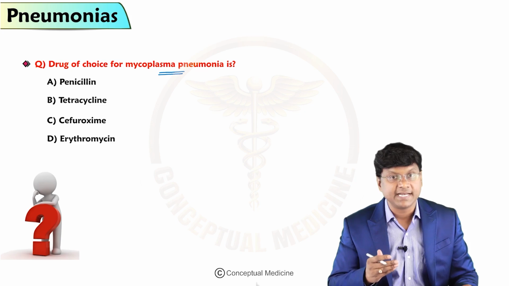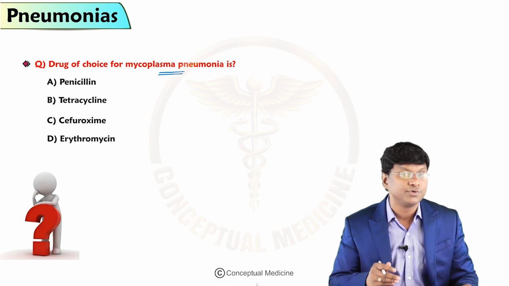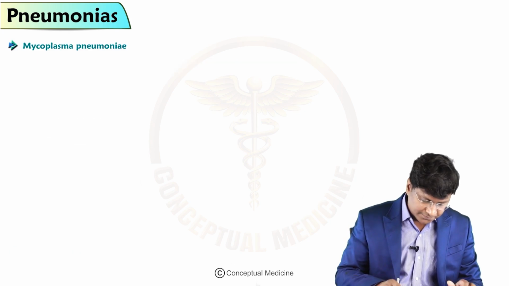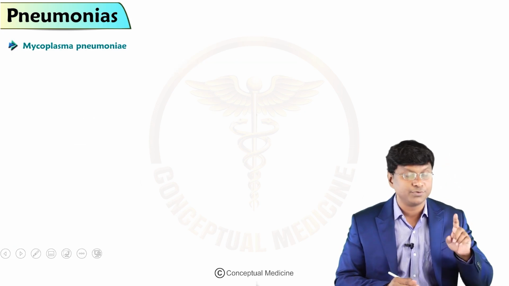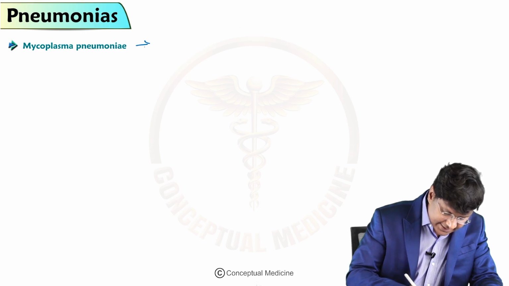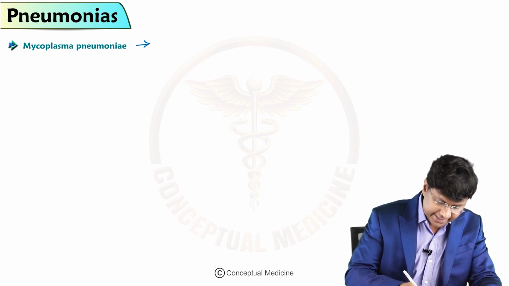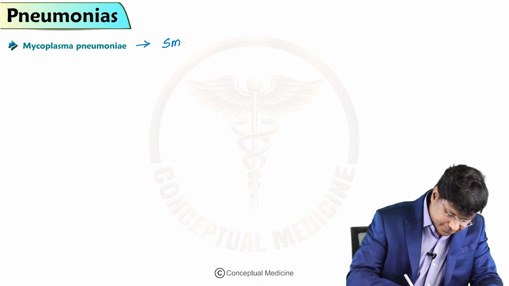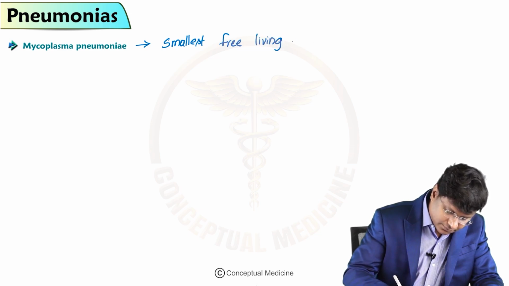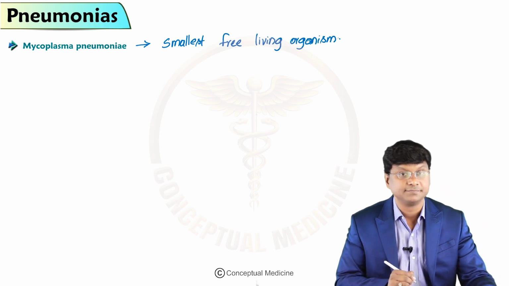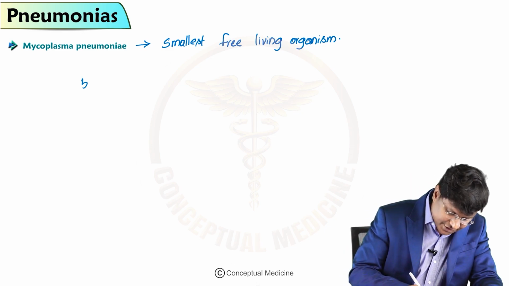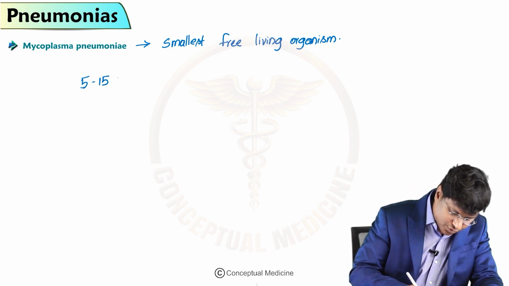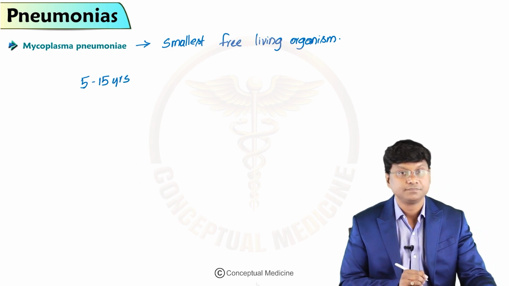See, Mycoplasma is another important organism which will cause atypical pneumonia or interstitial pneumonias. Now, let me tell you about Mycoplasma pneumonia. It is the smallest free living organism, and it is seen in young patients of age group 5 to 15 years.